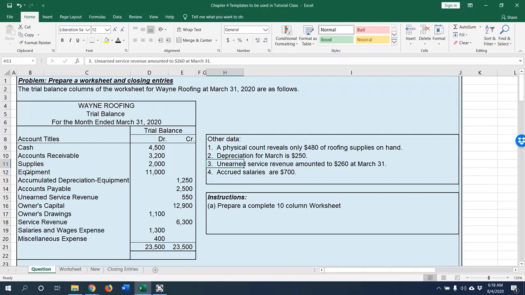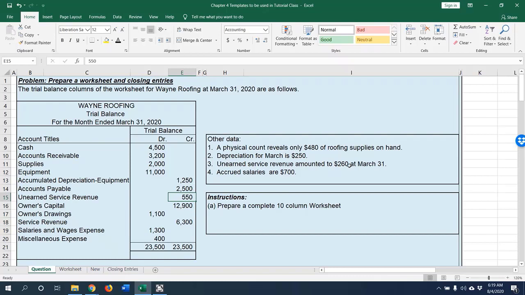Our trial balance is showing that we have unearned service revenue of 550, but actually at the end of March we have 260. Why? Because this is the unadjusted balance. The normal trial balance is the unadjusted one, and the actual value of unearned revenue should be 260. Okay, why? How can it become 260 from 550?